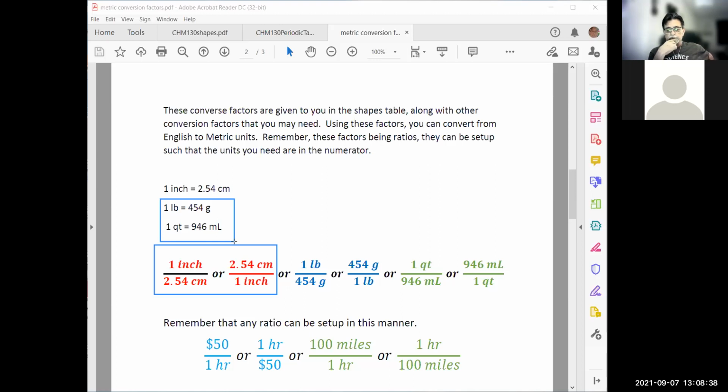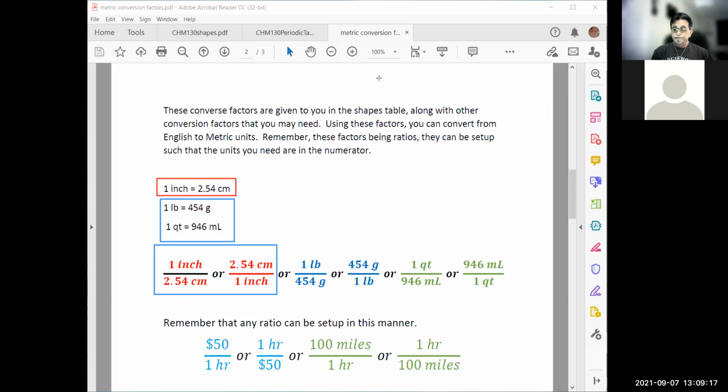These conversion factors are not exact, and that is true. 1 pound equal to 454 grams is a measurement. 1 quart equal to 946 milliliters is a measurement, and therefore is not an exact number, and therefore the 454 and the 946 could be a factor with respect to the final significant digits, okay? So keep that in mind. The other one is, by convention, treated as an exact number, okay?